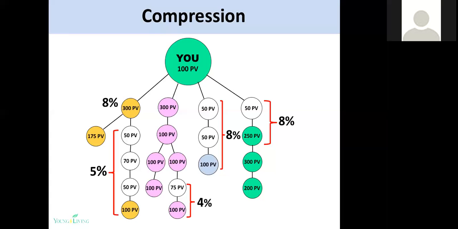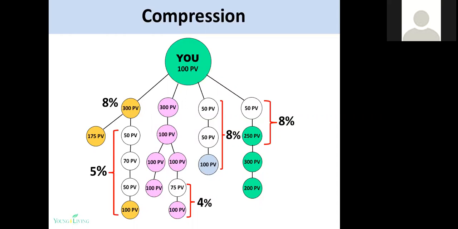Just one other example. I think that, again, this slide is probably something that you can familiarize yourself with the more that you look at it and study it. But if you notice on that very far end, you have the first member where they have 50 PV. And so instead of paying on that 50 PV, we look down until we find the first person that has 100 PV.